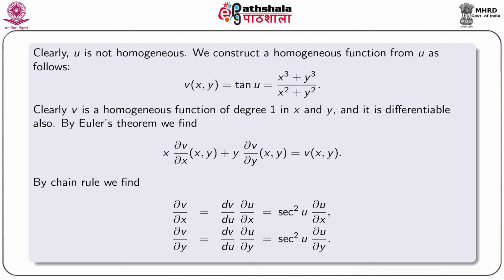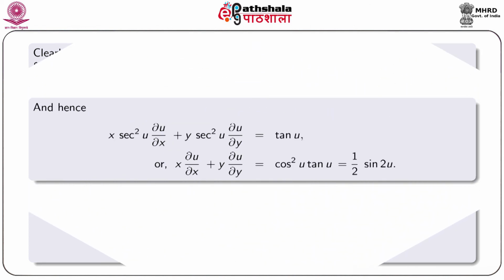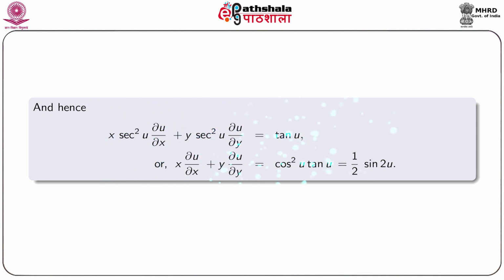Using the chain rule, we can find that ∂v/∂x equals sec^2 u ∂u/∂x and ∂v/∂y equals sec^2 u ∂u/∂y. So, from this we have x ∂u/∂x plus y ∂u/∂y equal to half sin 2u. So, in this module we discussed homogeneous functions, Euler's theorem and some examples on them. With this, the module comes to an end.